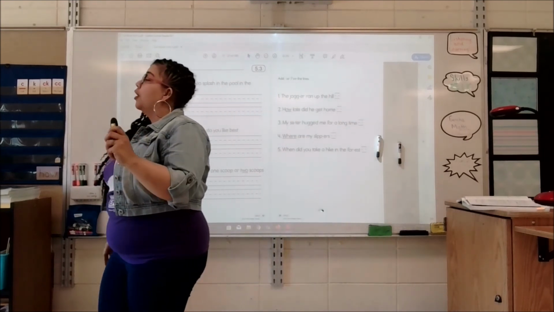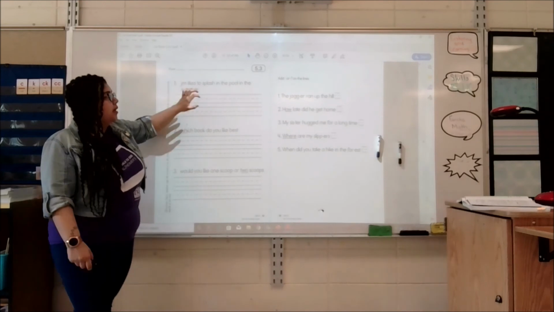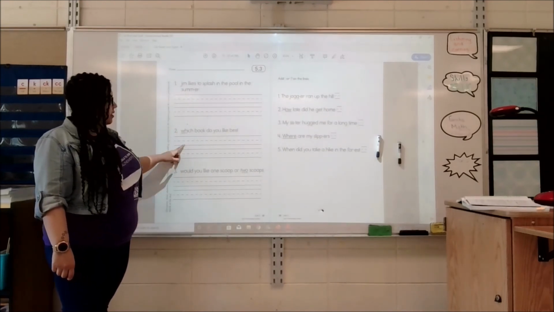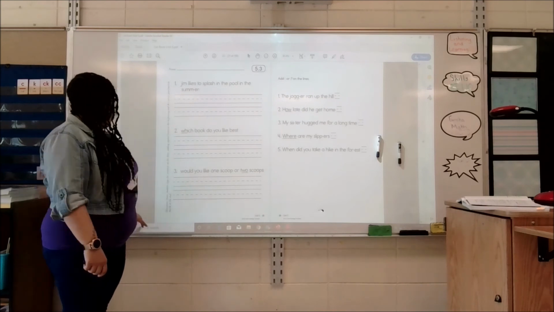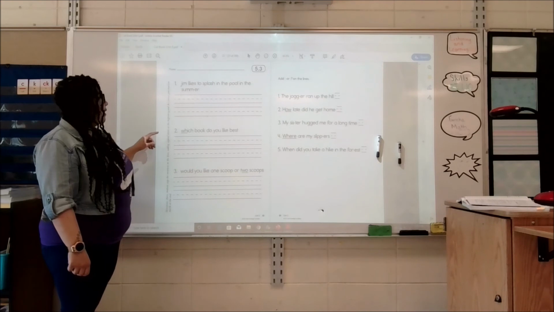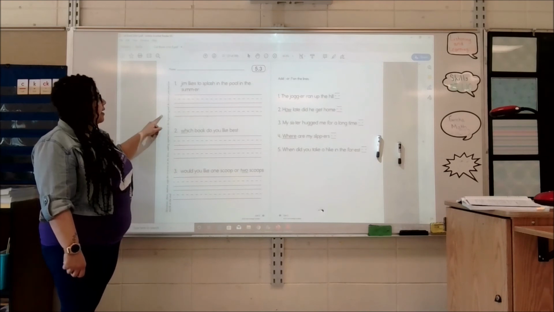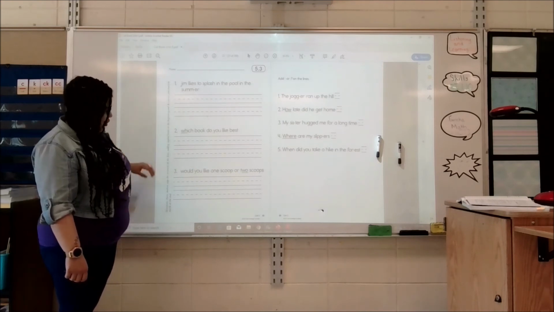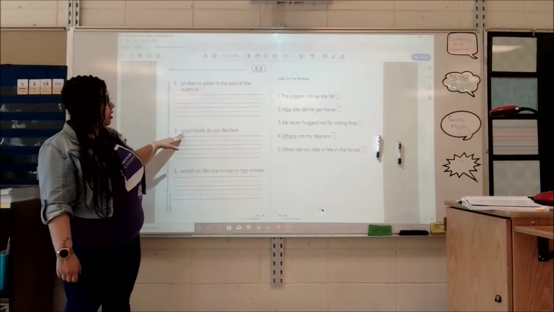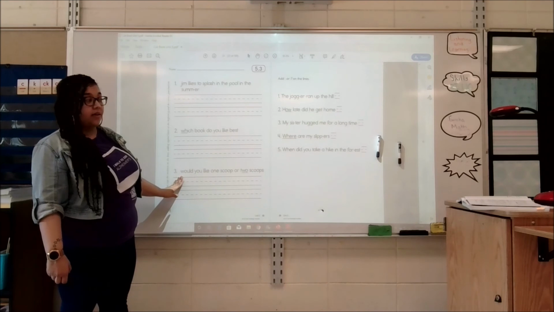Now, what you're doing is you're copying the sentence, but notice each of these sentences is missing a couple things. The directions read, copy the sentence, add capital letters at the beginning, and correct punctuation at the end. So you need to change these letters to capital because it's the beginning of a sentence.